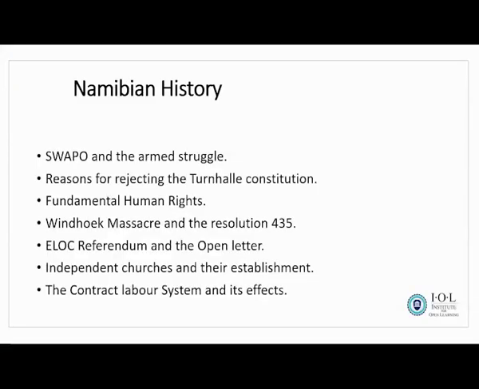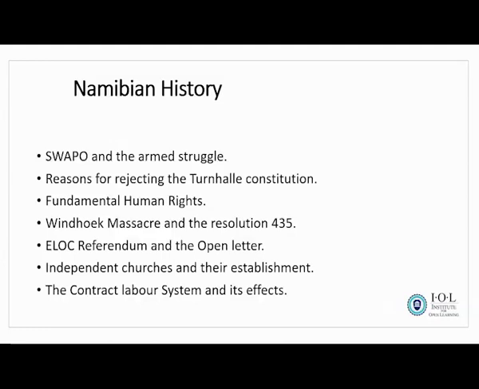You should know the reason why black pastors, black Namibians, decided to leave the mission churches and came up independently to establish their own churches that were called independent churches, as well as know who the independent churches were, and their leaders.